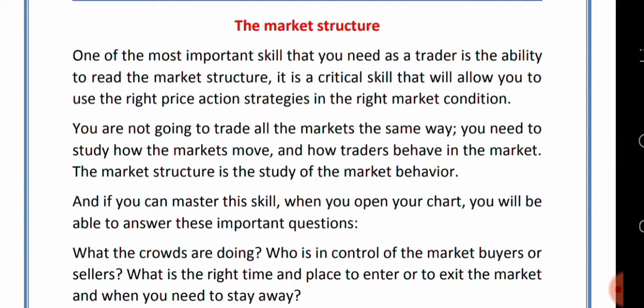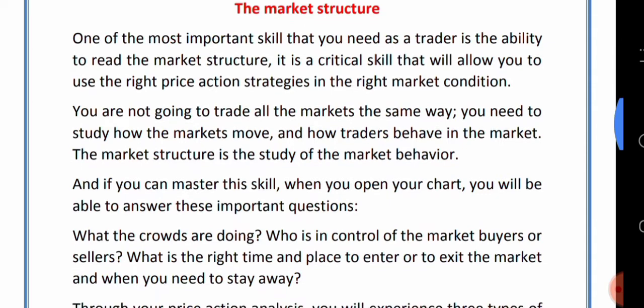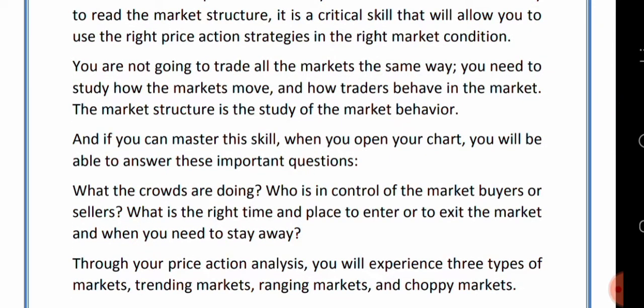Alright, let's proceed. If you can master this skill when you open your charts, you will be able to answer these important questions: what the crowds are doing, who is in control of the market, buyers or sellers, what is the right time and place to enter or to exit the market, and when you need to stay away.